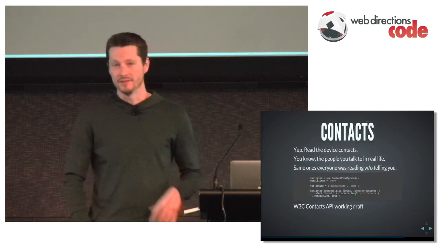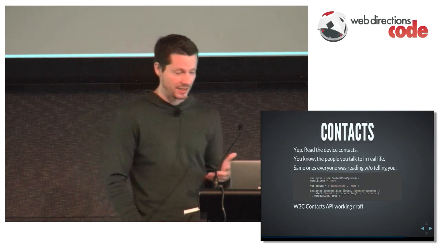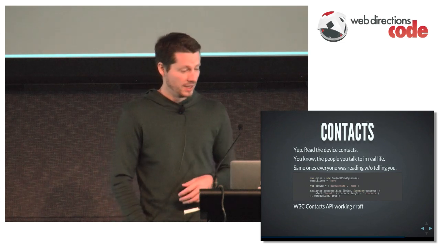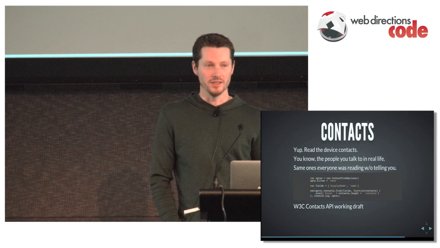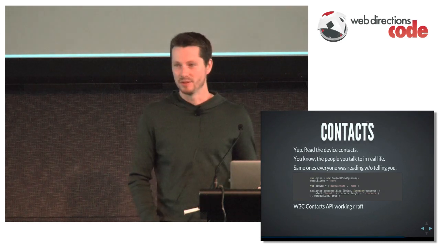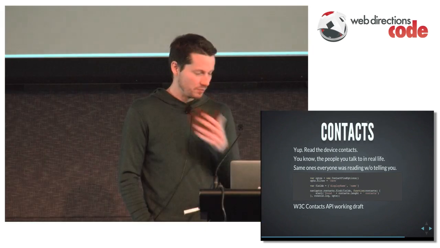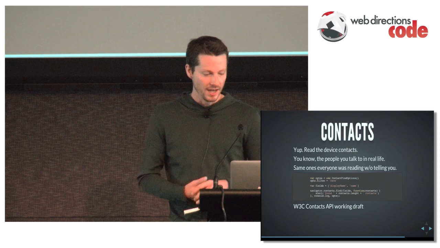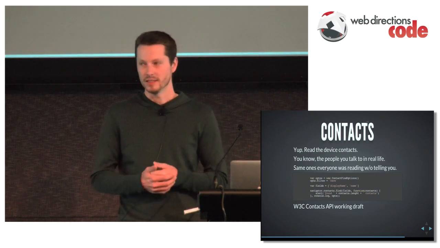Of course, there's a lot of data APIs as well, things like contacts. Yes, those people that you actually talk to on your phone, strangely enough, not your Facebook friends. And this is, of course, also that same data that all those native apps were stealing without you even knowing, apparently, right? Pretty basic API, whole bunch of contact find options, navigator.contacts.find, and you can just get your contacts off of the device.